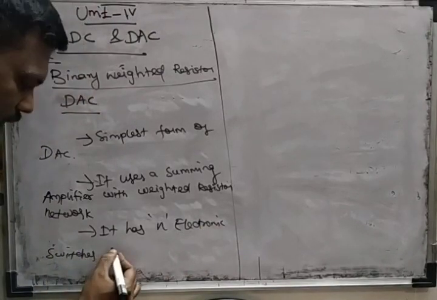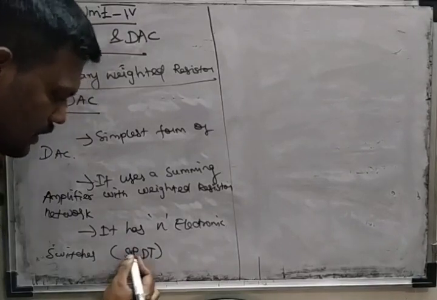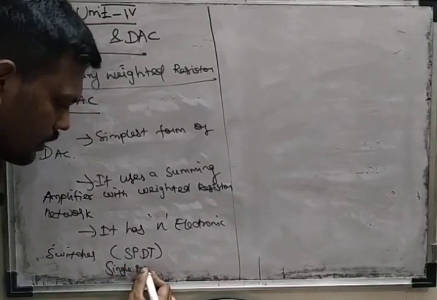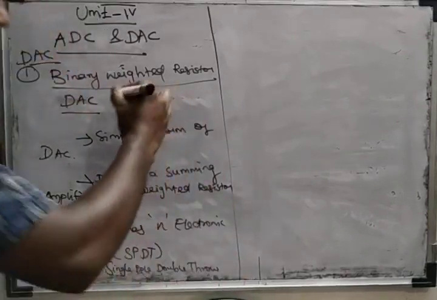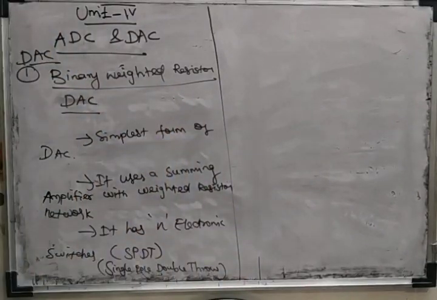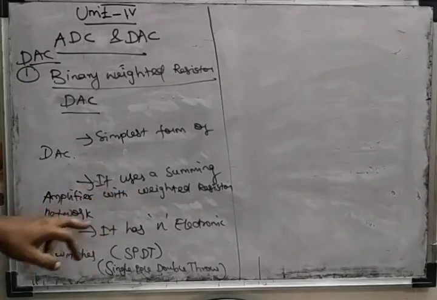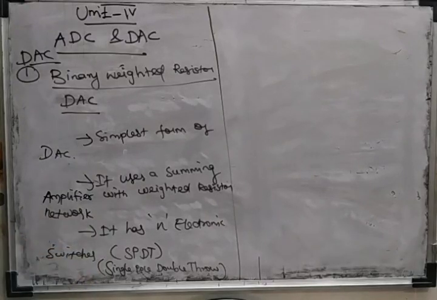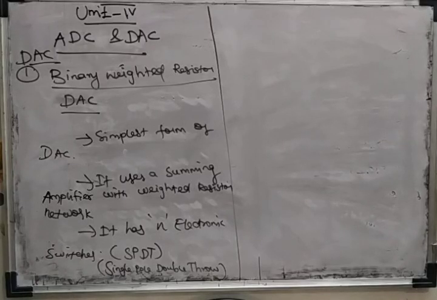These switches are called single pole double throw switches. SPDT means single pole double throw switch. So it is the simplest form of digital to analog converter, and it has n electronic switches called SPDT.